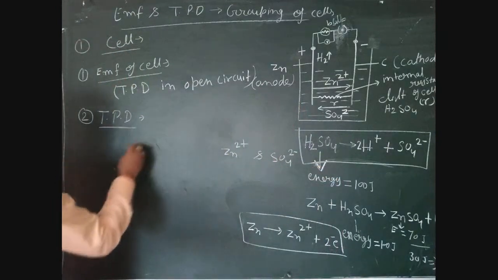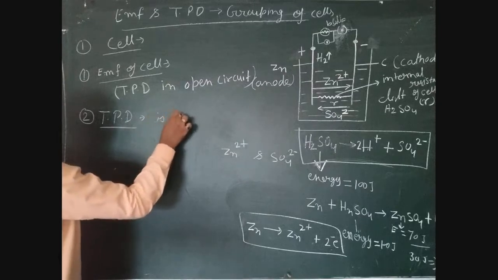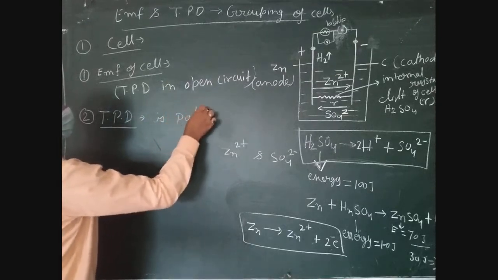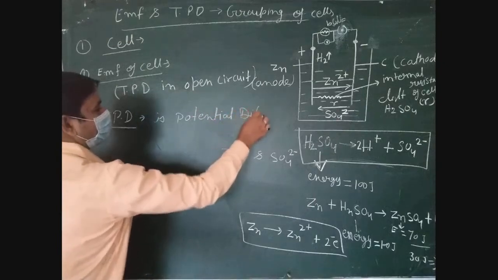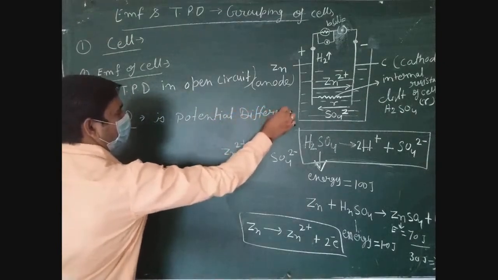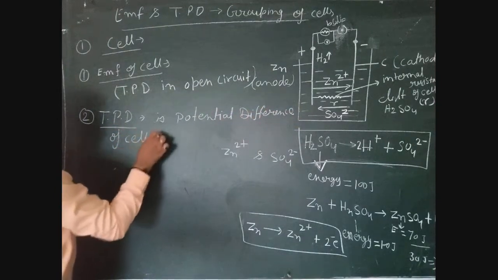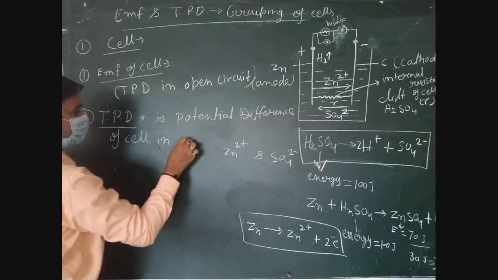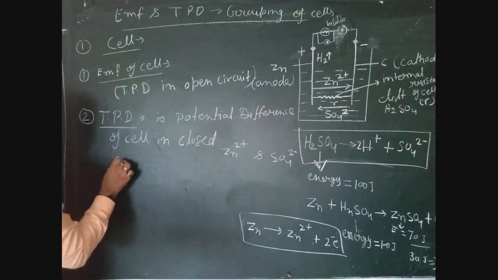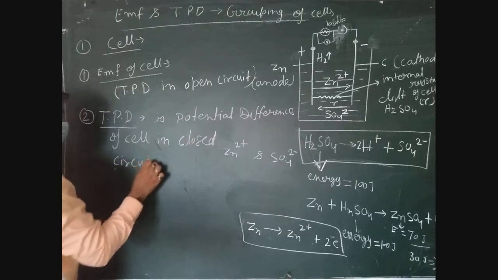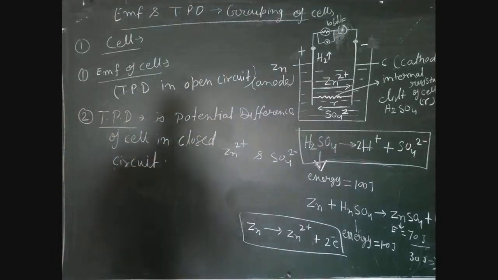That means terminal potential difference is the potential difference of the cell in closed circuit.